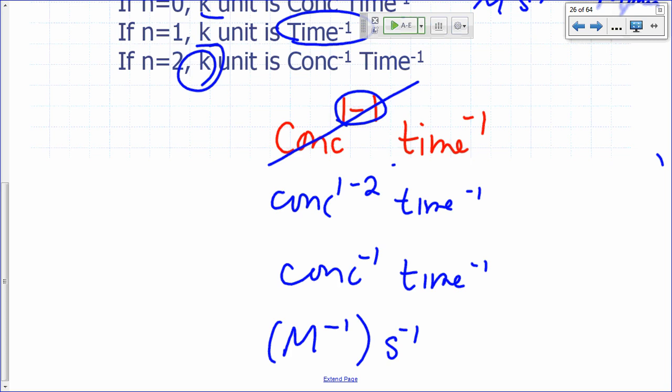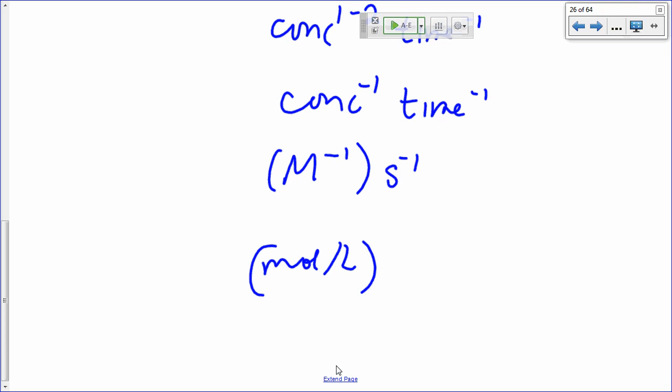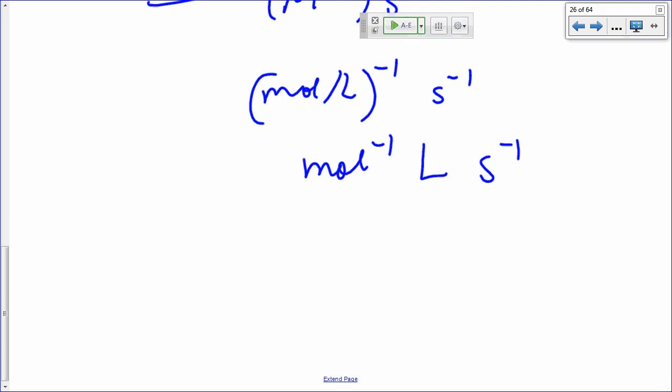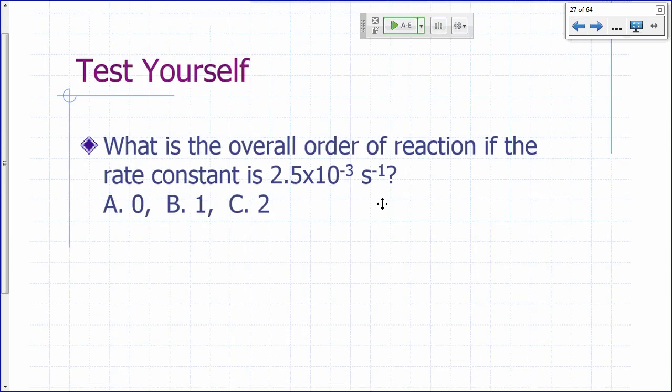Or I can say moles per liter to the negative 1 per second. Okay, so this is a second order rate constant. Or I can say per mole times liter per second, or you can say liters per mole per second. That would be a unit for a second order rate constant.